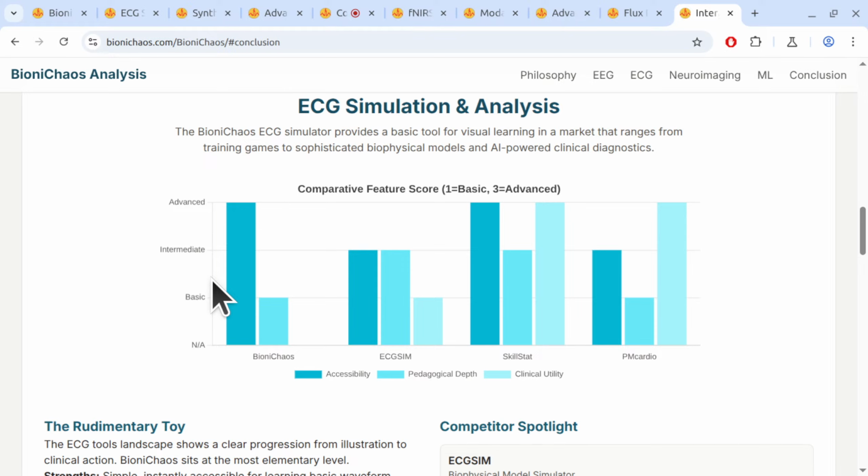For accessibility, Bionic Chaos is rated advanced, while ECG Sim is intermediate, Skill Stat is advanced, and PM Cardio is also advanced. For pedagogical depth, Bionic Chaos is basic, ECG Sim is intermediate, Skill Stat is advanced, and PM Cardio is intermediate. Finally, for clinical utility, Bionic Chaos is basic, ECG Sim is intermediate, Skill Stat is advanced, and PM Cardio is also advanced.